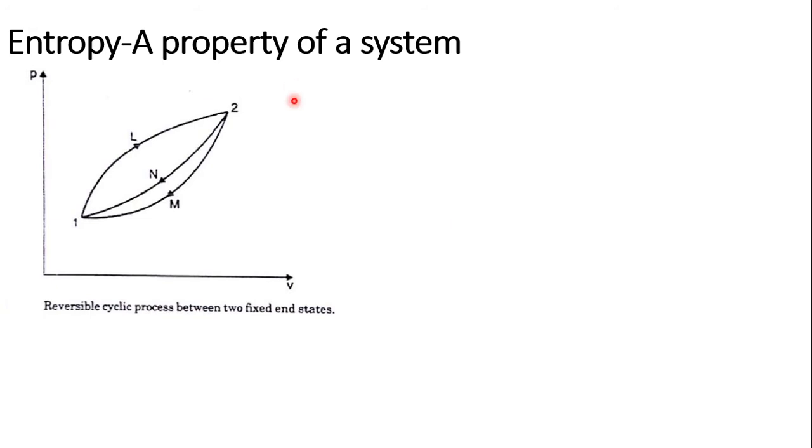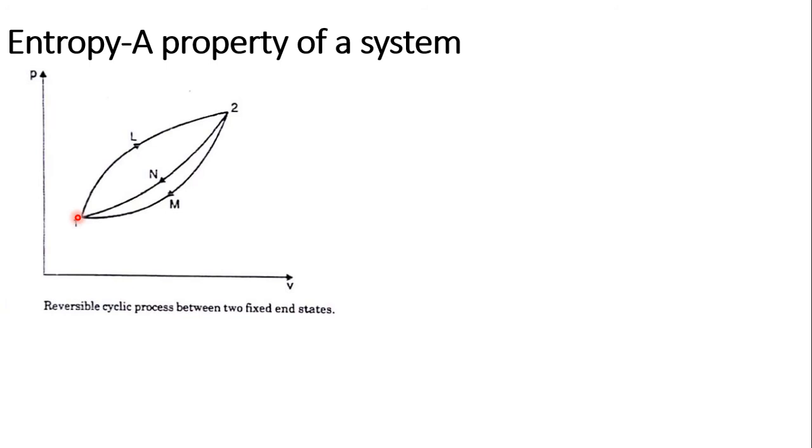Okay, so what I have done over here is I have drawn a PV diagram, and we have two reversible cycles. The first cycle is 1 L 2 N 1. This is cycle number 1, and the second cycle is 1 L 2 M 1.